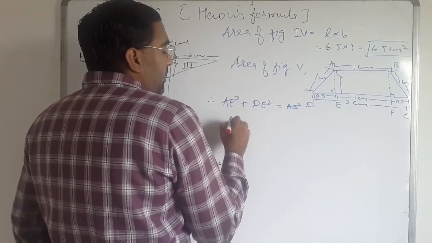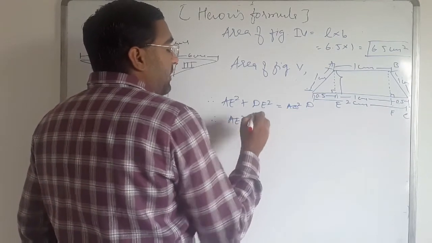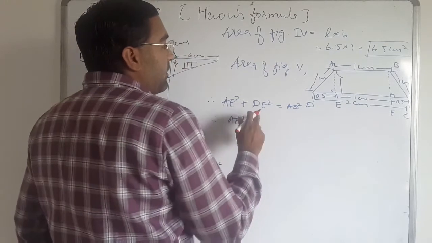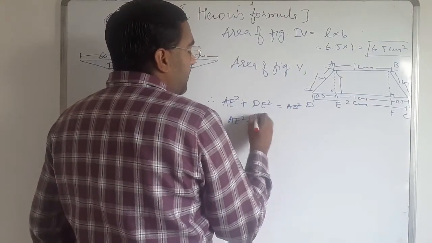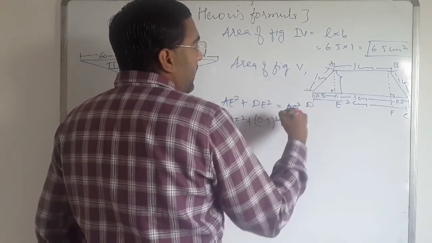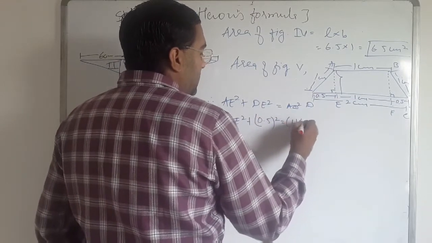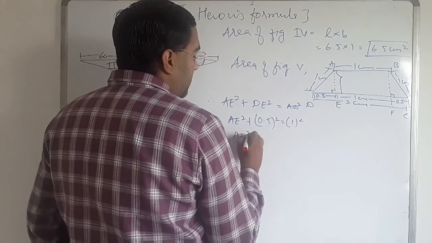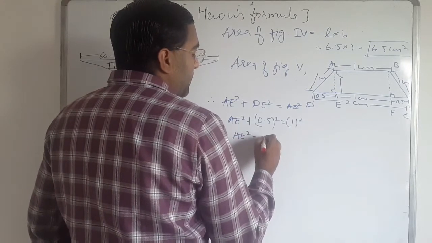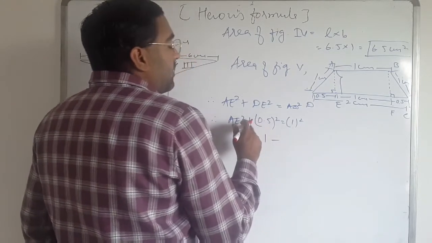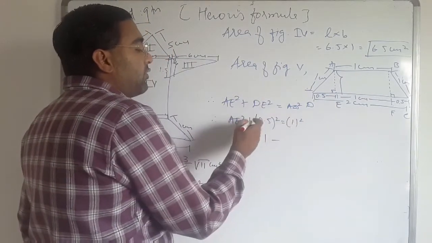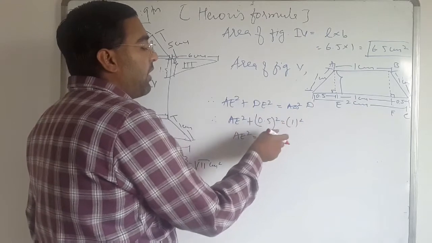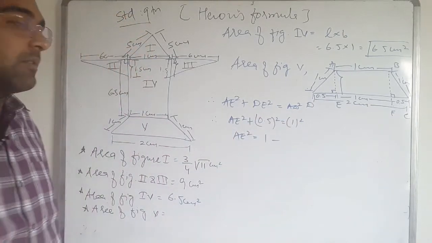Therefore, to find the height, AE square plus DE, which is given as 0.5, square, equals AD, which is given as 1, square. So AE square equals 1 square minus 0.5 square, since 0.5 square is shifted to the other side, so the plus becomes a minus.